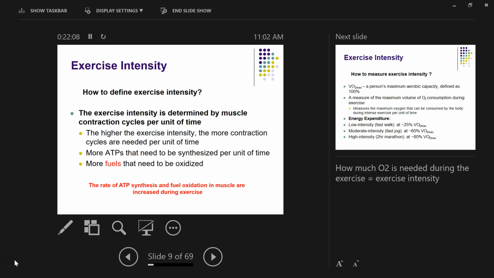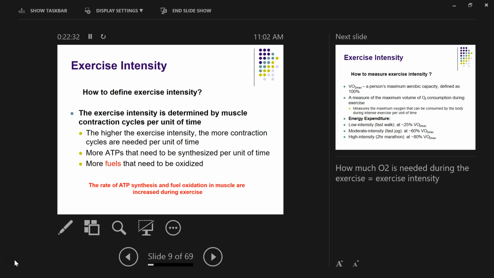Okay, now let's talk about exercise intensity. So how do we define exercise intensity? Exercise intensity usually is determined by muscle contraction cycles per unit of time, like per hour or per minute or whatever, right?